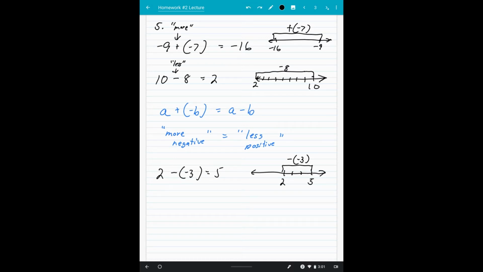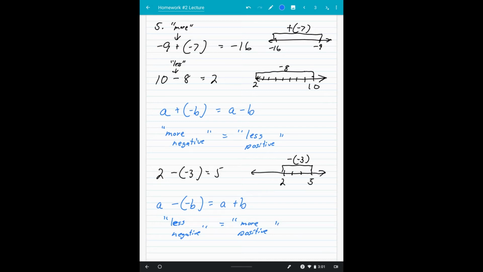So a different way that we can do this is we can convert using another theorem. If we have a minus negative b, that's the same thing as saying a plus b. Here we're saying less negative. That means the same thing as more positive.